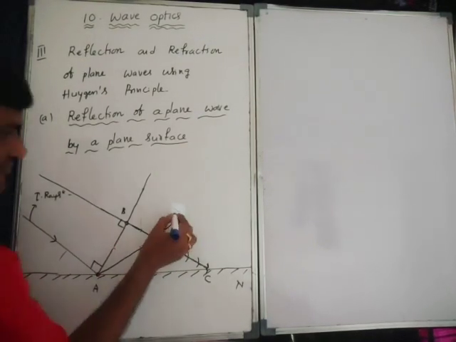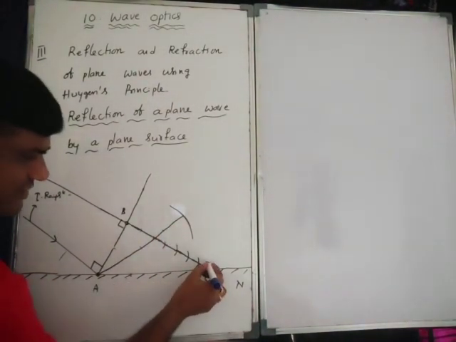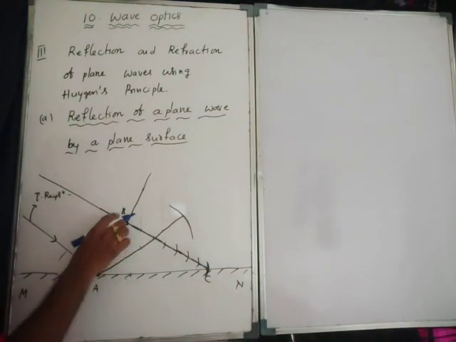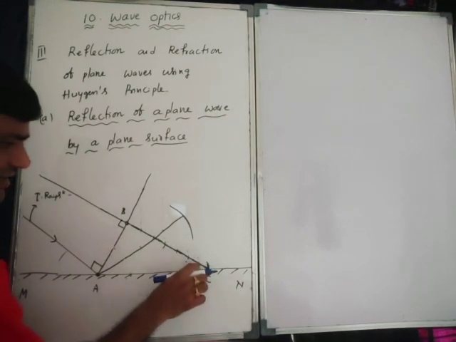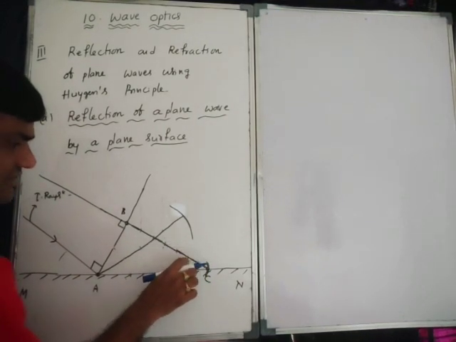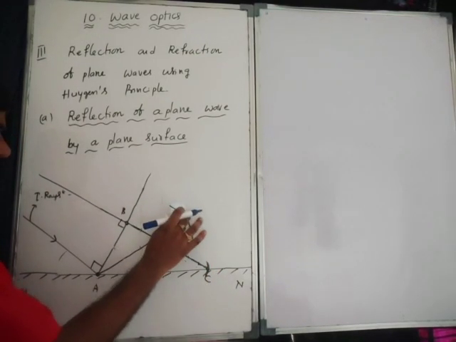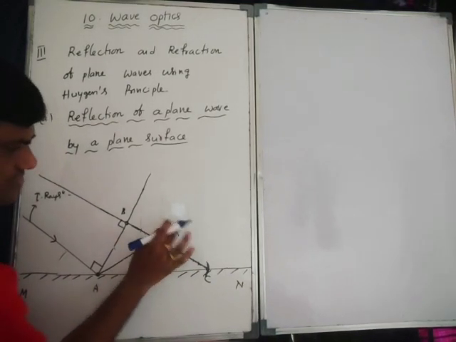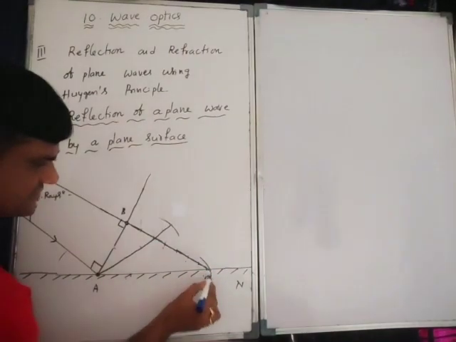This is the first wavelet with respect to A, and this is the wavelet with respect to B. These are the B wavelets and these are the A wavelets. Now these wavelets we can join with the help of a common tangent.